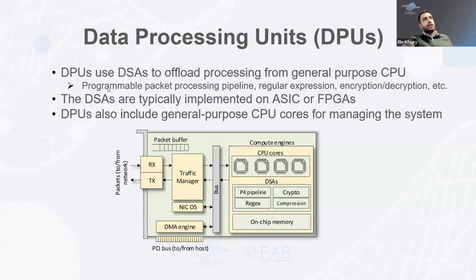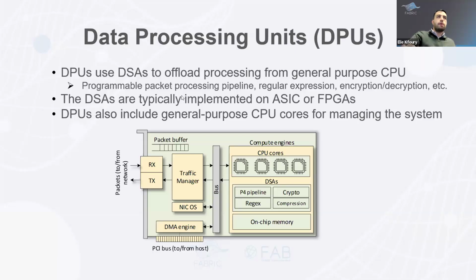So that brings us to data processing units, or DPUs. Sometimes you would see the term smart NICs or next generation smart NICs. But DPUs are basically like a small server. They have DSAs, domain-specific accelerators, to offload the processing from the general purpose CPU on the host. So what are the DSAs that are typically available in those DPUs?